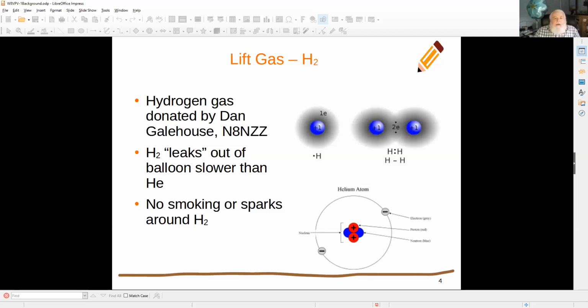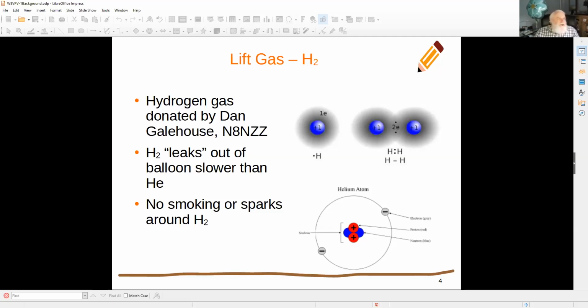We got the hydrogen gas from Dan Galehouse, who we have lunch with at least once a week, and his call is N8NZZ. Part of the reason why we used hydrogen instead of helium is that it leaks out of the balloon at a much slower rate. As a result, it was a good choice.